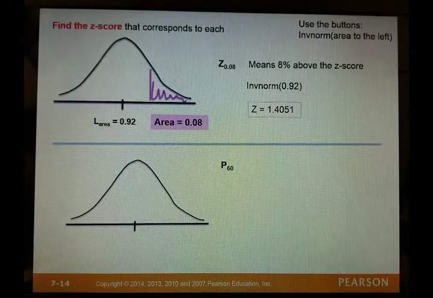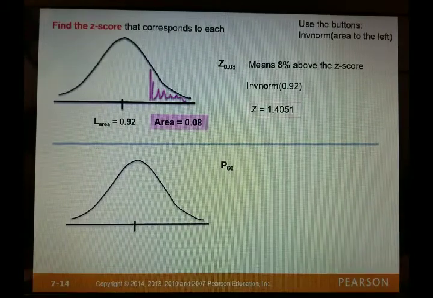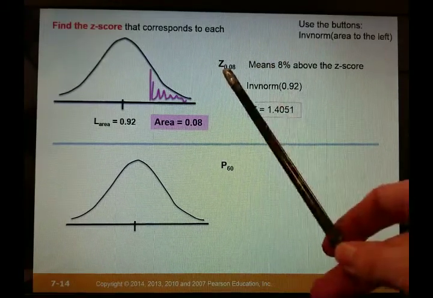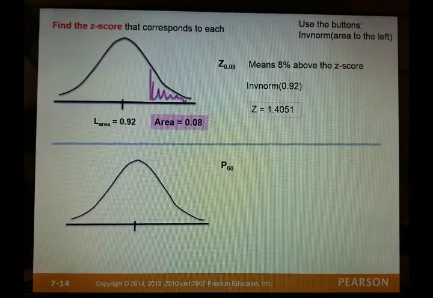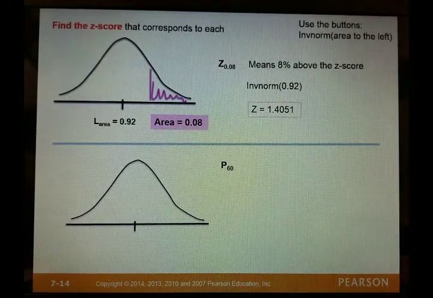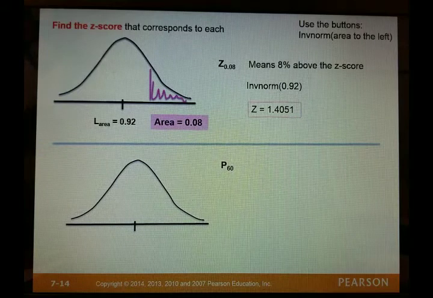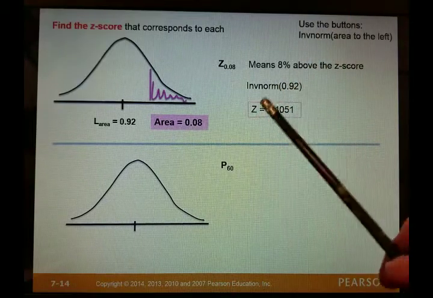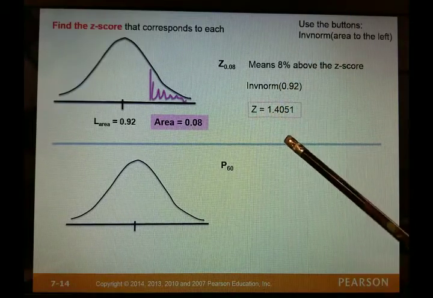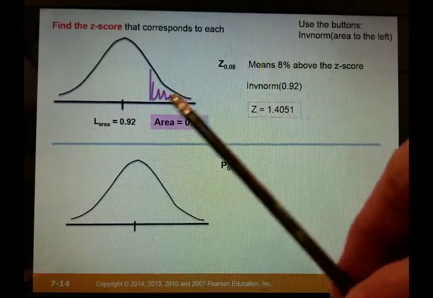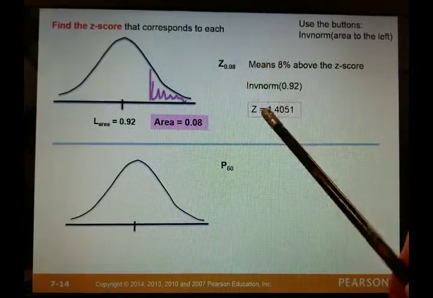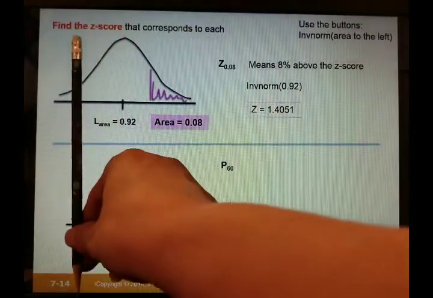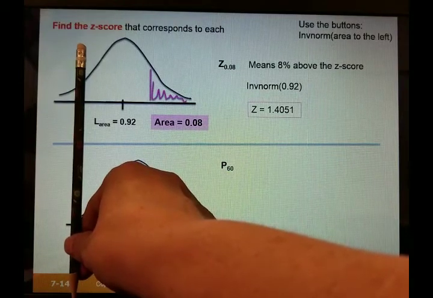Now, go ahead and try this. Type into your calculator the inverse norm of 0.08. I'm going to pause the video, get your inverse norm of 0.08. All right, now that you've pushed play, hopefully you noticed it gave you the negative of this exact same answer. The reason is that they're symmetric about the mean. The inverse norm of 8% would be over here, which is what the calculator just gave me.